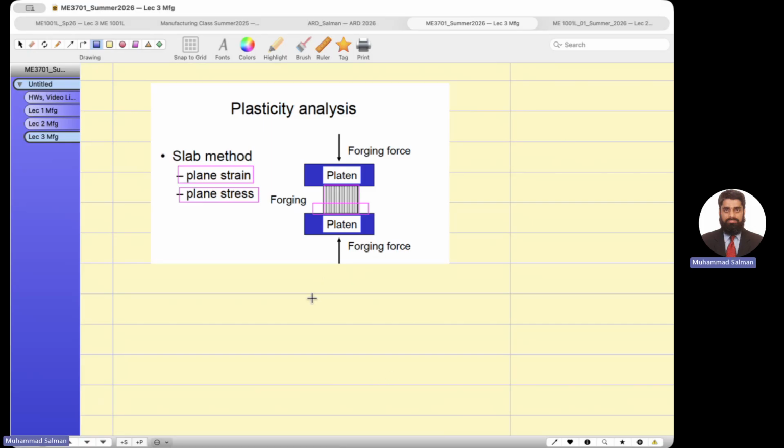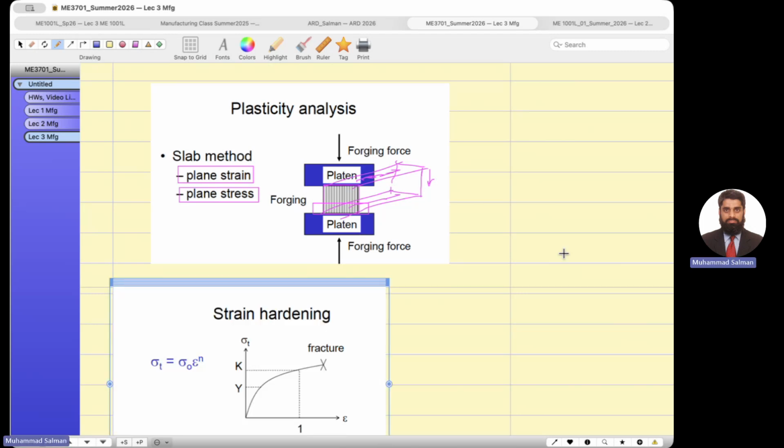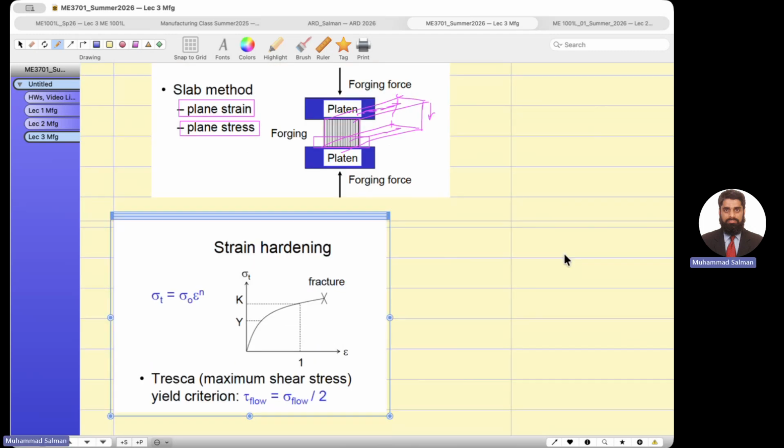We assume that this area does not deform. For example, this area does not deform over here. Only the height reduces. That's why we have a restricted one plane, plane strain. And the governing law is this one.